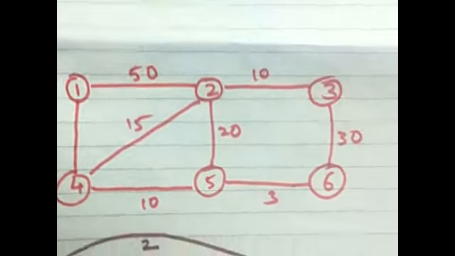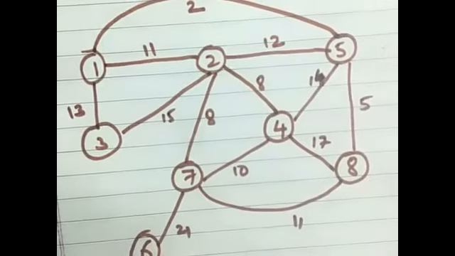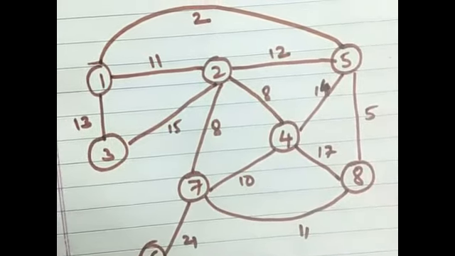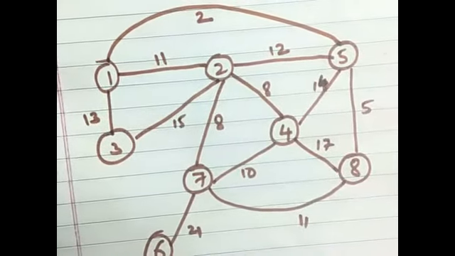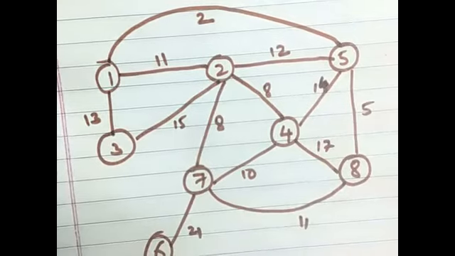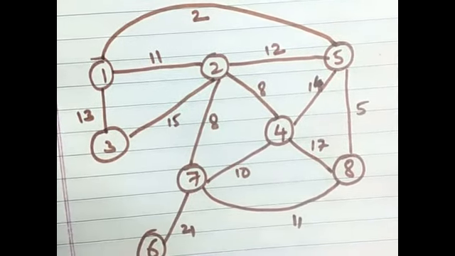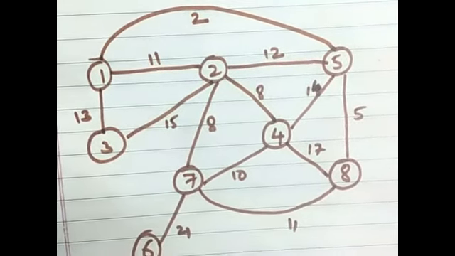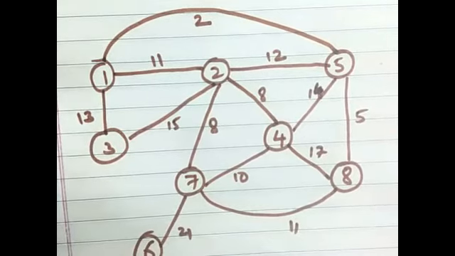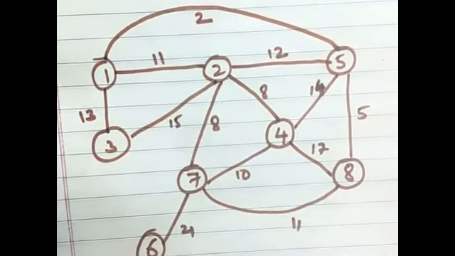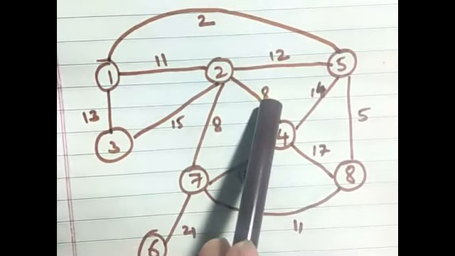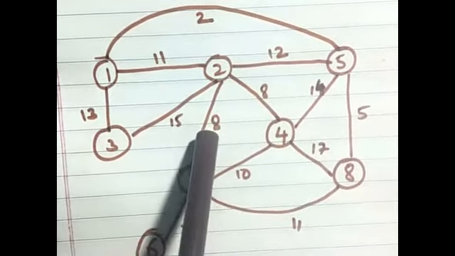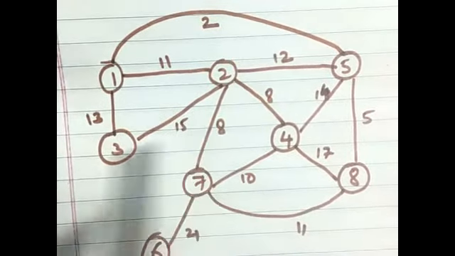The second one, you can work it out for this. This is a little complicated. If you can solve this exercise, then I can say you have mastered Prim's method. In this case, you can find that certain edges have the same weights.